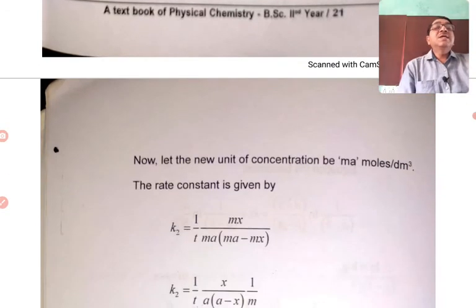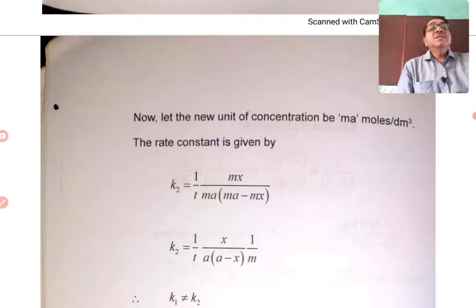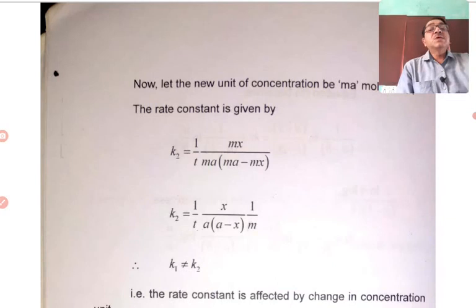Now let the new unit of concentration be ma moles per decimeter cube. The rate constant is given by K2 is equal to 1 upon t, mx upon ma into (ma minus mx). So K2 is equal to 1 upon t.